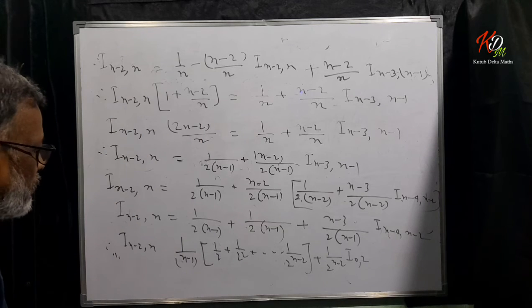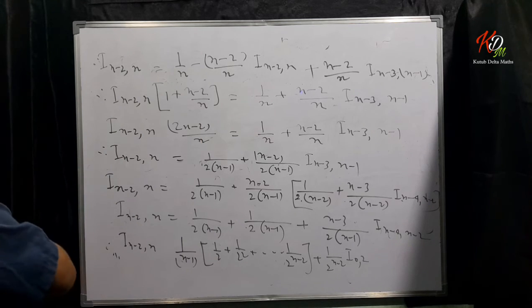Now putting I 0, 2, what is the formula?